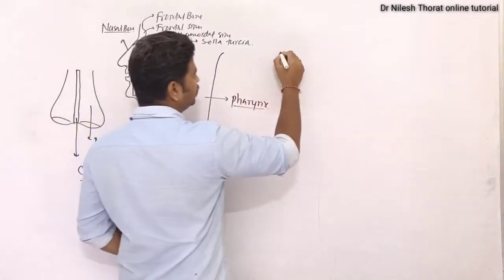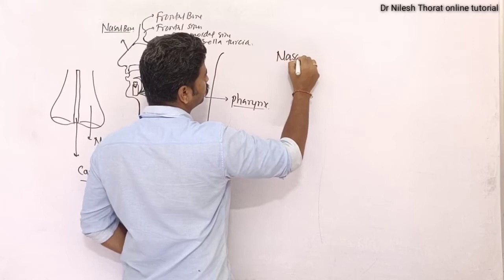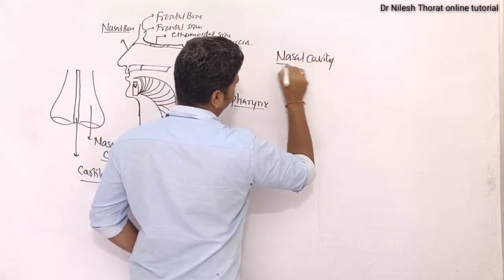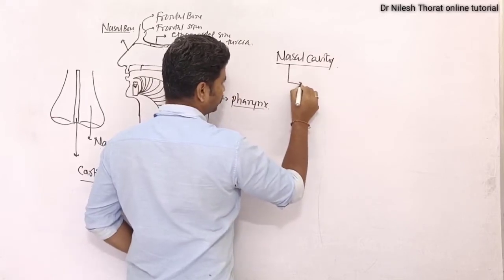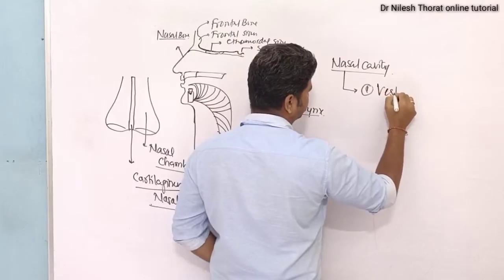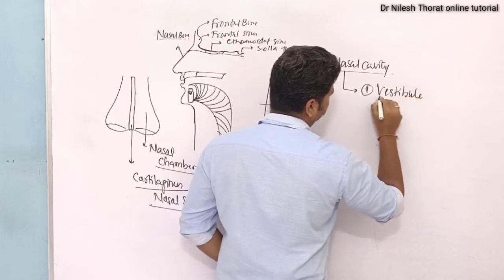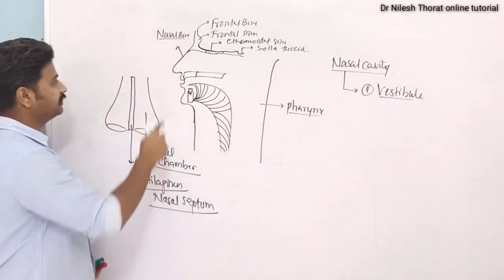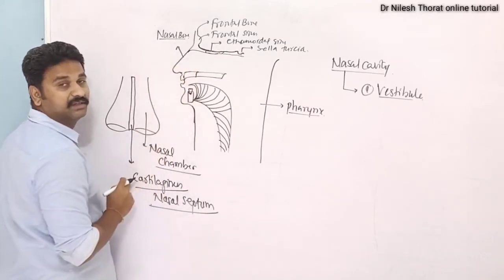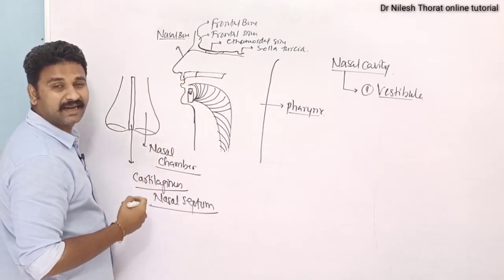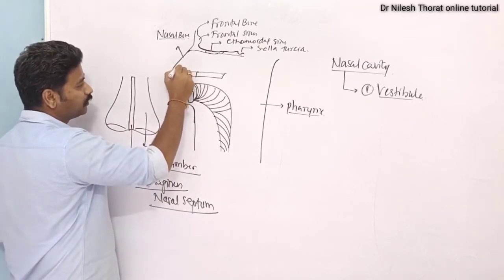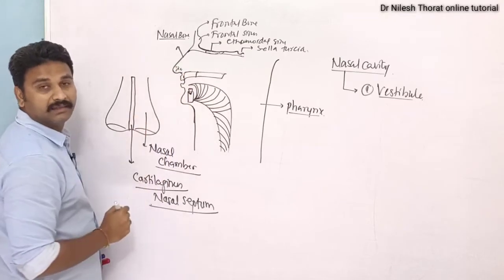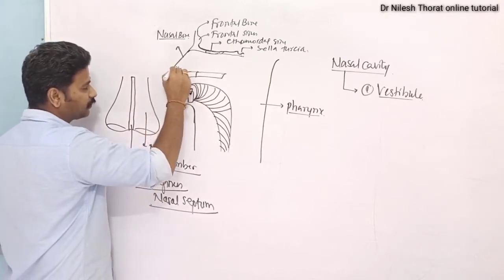This nasal cavity will further divide into three parts. The first part of nasal cavity is called as vestibule. This vestibule is the starting part of the nasal cavity. This much area of nasal cavity will have the oil secreting glands and the hairs. So this is the part where we are having the nasal hairs, and this part of the nasal cavity will start from nostril.